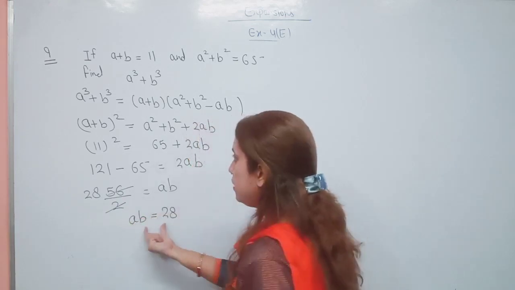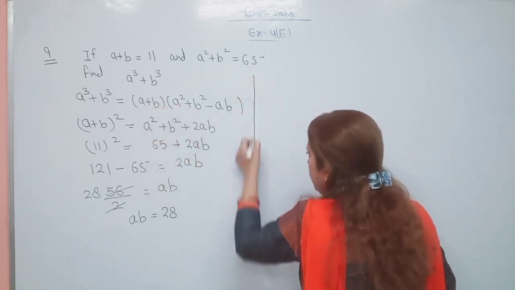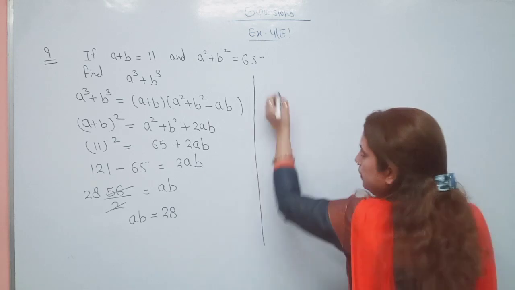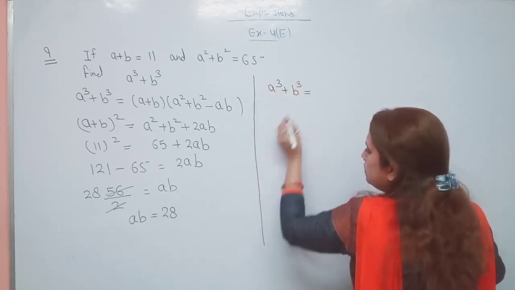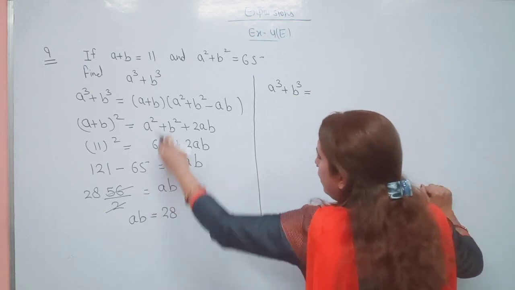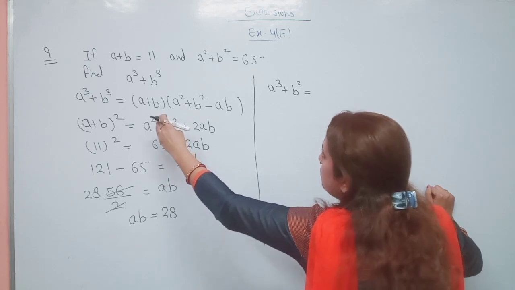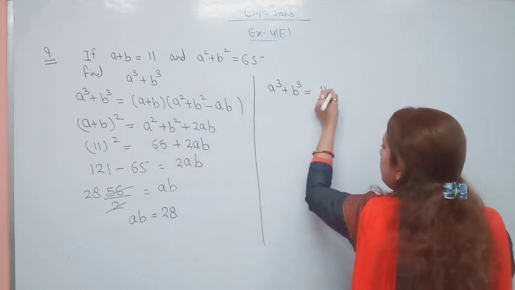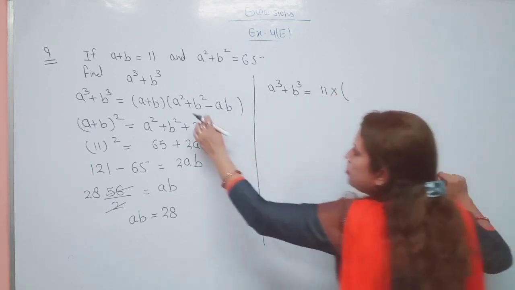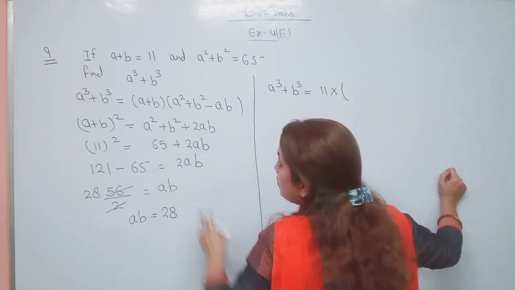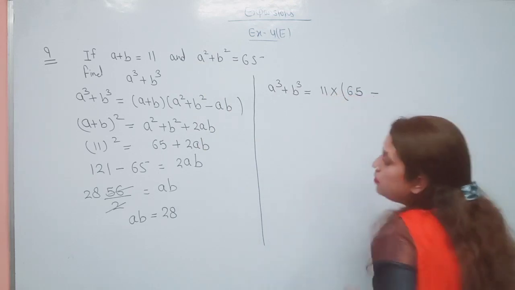Now we have the values of ab, a plus b, and a square plus b square. So put the values in the identity. A cube plus b cube is equal to a plus b, which is given as 11, into a square plus b square, whose value is given as 65, minus ab.